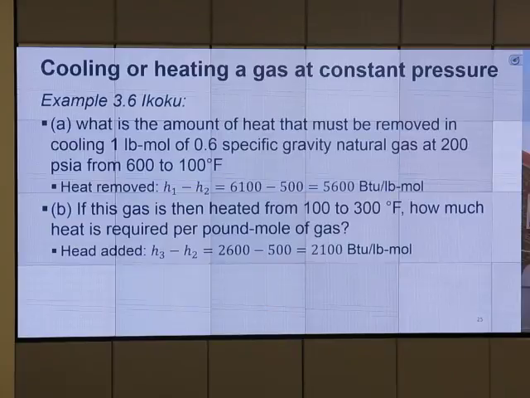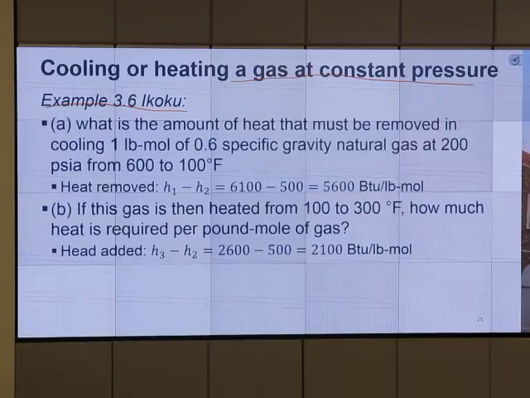Okay, look at this one. Cooling or heating a gas at constant pressure. So when we cool the gas at constant pressure, we follow the constant pressure line, right? What I do is, I use example 3.6 from Ikoku.